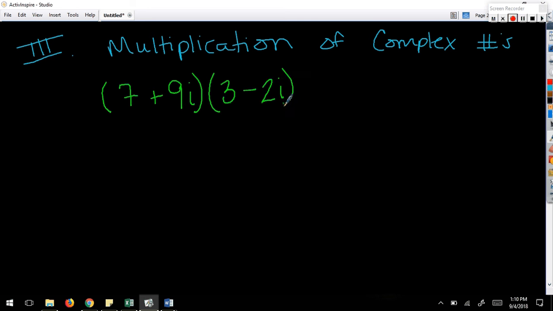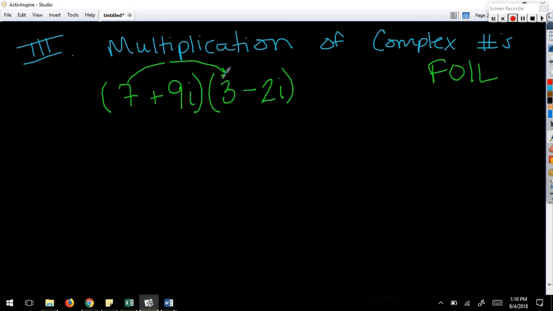Multiply. Looks like I have two binomials here. Do you agree? When you have two binomials to multiply, what do you do? There's one little thing that's going to pop up that I'm going to show you when we start multiplying this, but it will not be hard for you. All right, let's multiply.